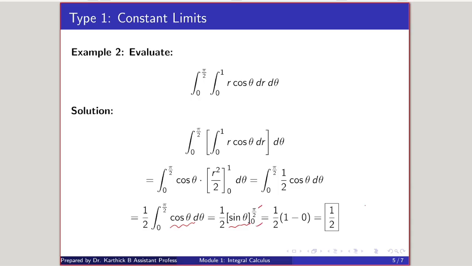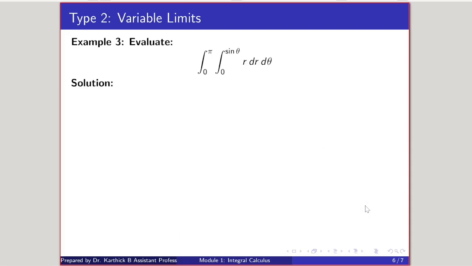We already know that sine 0 will be 0, and sine 90 degrees will be 1. And we make one general result: sine n pi will always be 0, where n belongs to the natural numbers 1, 2, 3 and so on. So with sine 90 becoming 1 and sine 0 degrees becoming 0, finally I am getting the value 1 by 2.